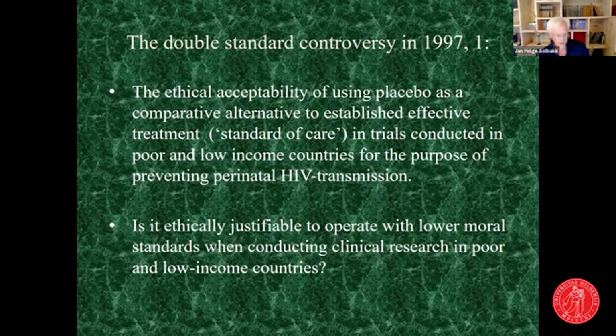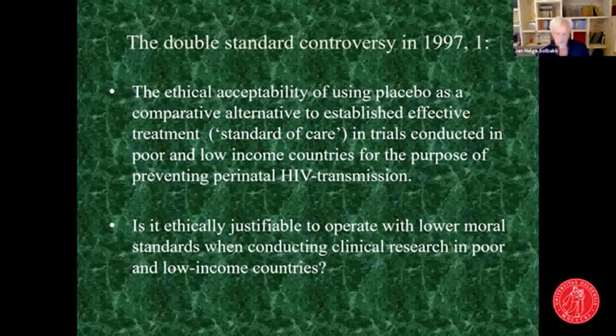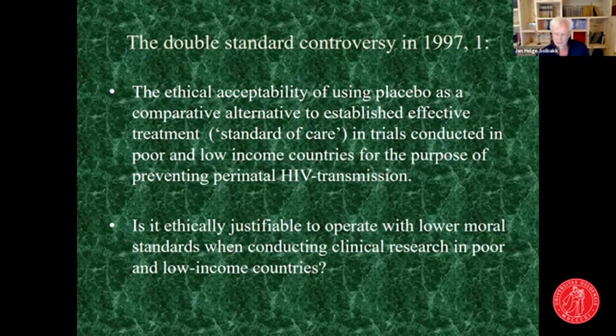Because still, in no affluent countries is it permitted to use placebo in a randomized clinical trial if there exists an established effective treatment. Then the control group should receive this treatment, and the intervention group should then receive the drug under trial.